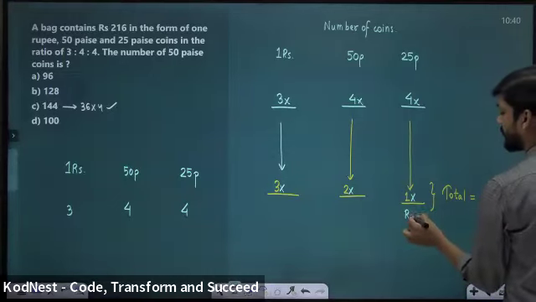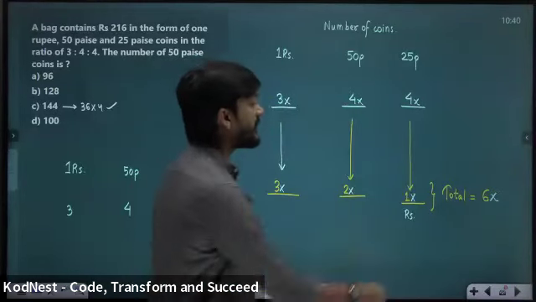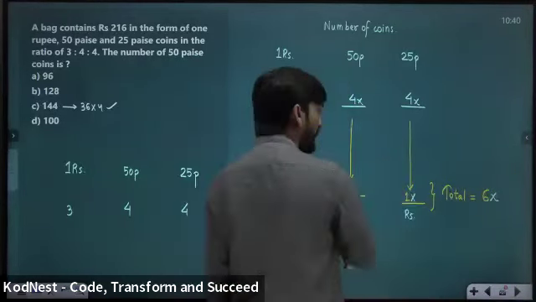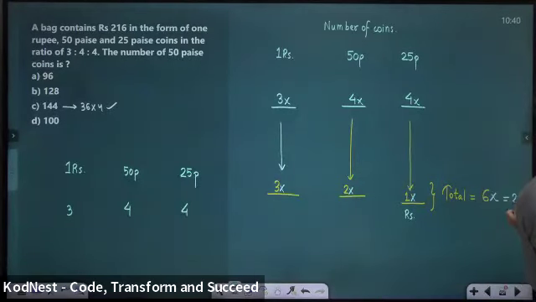This is all in rupees. Now 6x is the total rupee value. The total rupee value is given as 216.